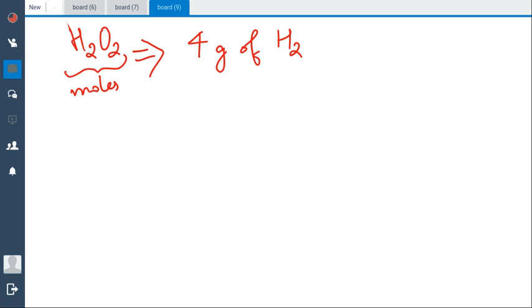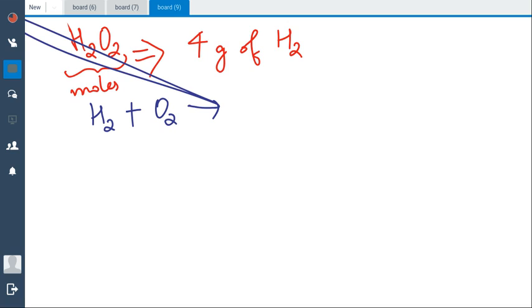So how will you do this? First, we need to write the reaction. H2 plus O2 gives H2O2.